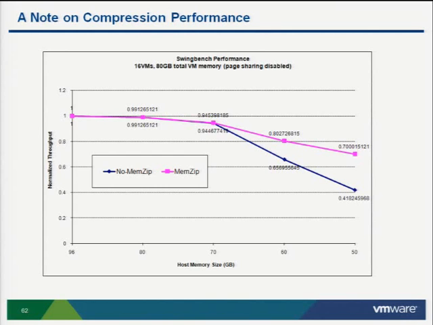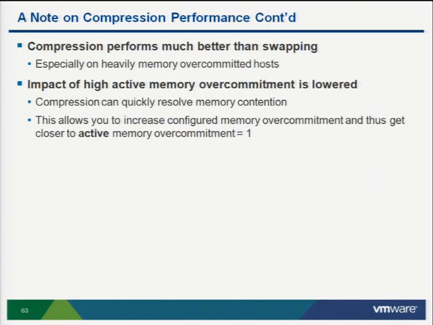With compression, though, you can see a markedly less downward slope. So compression does give you a little bit of breathing room there, where swapping would make you pay a high performance penalty. So again, what compression lets you do is get that much epsilon delta closer to active memory overcommitment of 1, but not quite getting there, and thus not quite hitting your performance degradation.